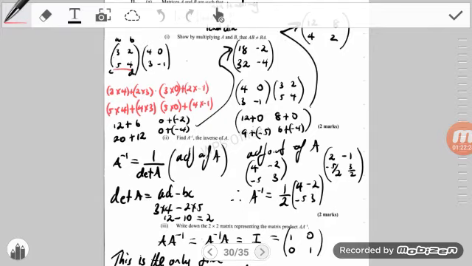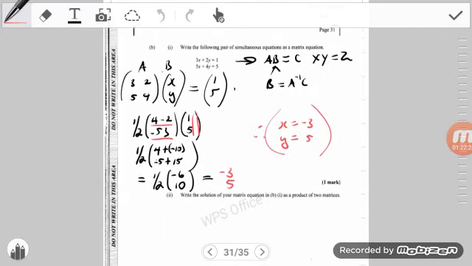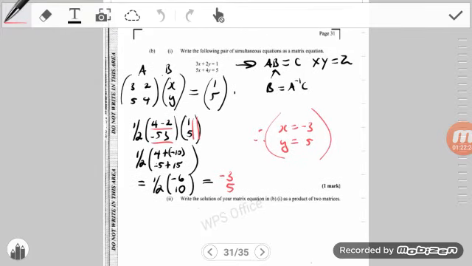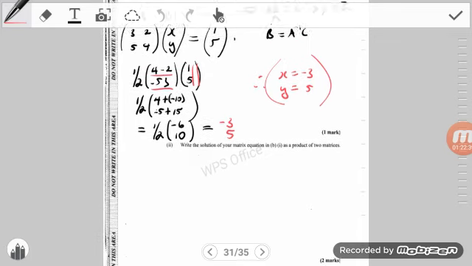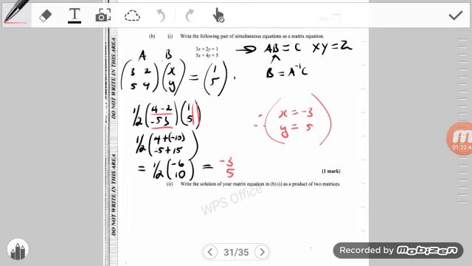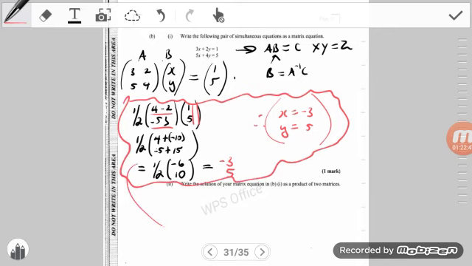All right, so hope you guys got that. This is not -3/5, guys. The top result is -3 and the bottom result is 5. That's it. This calculation, guys, I'm so sorry, was supposed to be down here. So we're good to go.